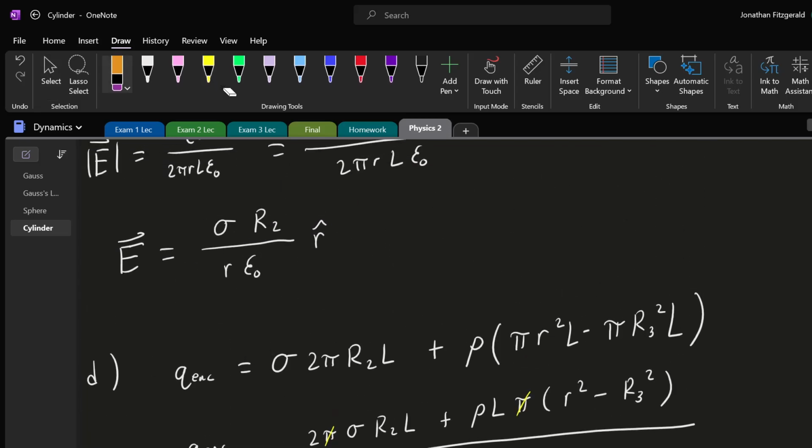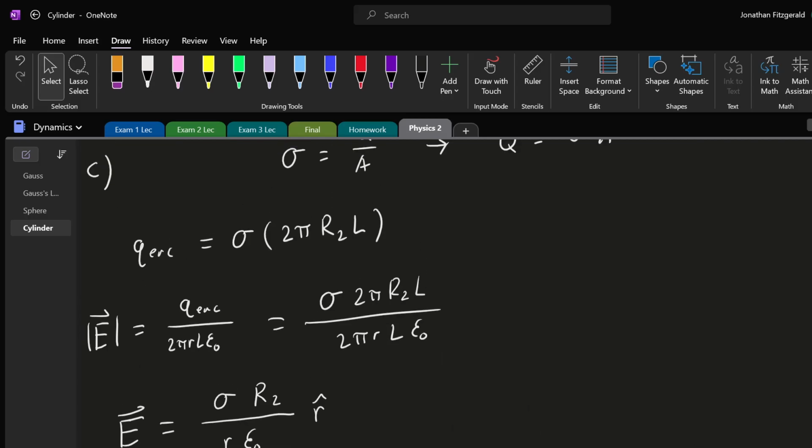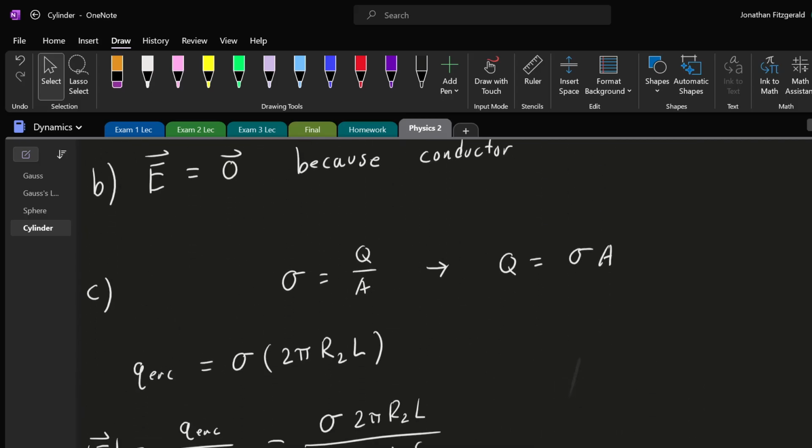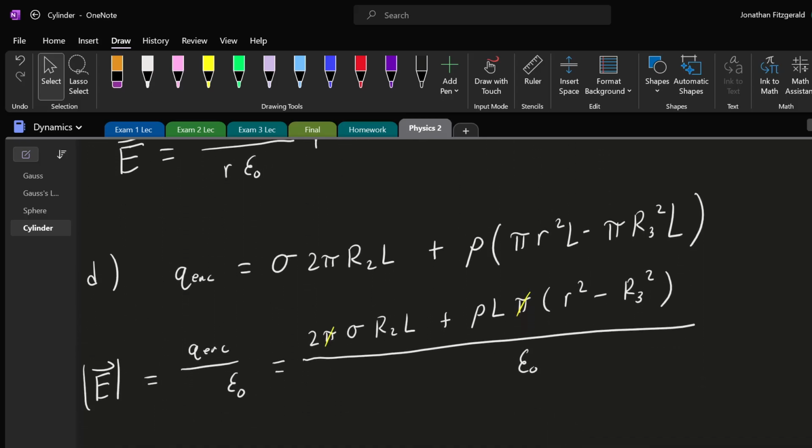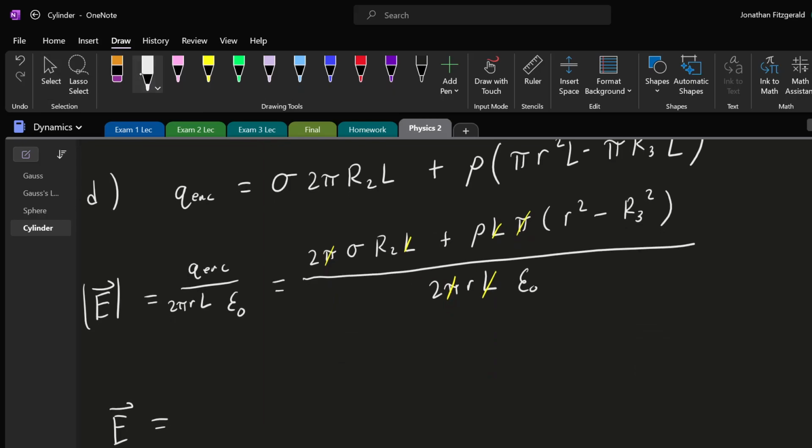Oh, okay. See, I used, this is wrong. I used the surface area of a sphere, but did I do that before? No, we're good. Okay, the cylinder is always 2 pi r l. This is still 2 pi r l. Pi still cancels. L, L, L. And that looks good.